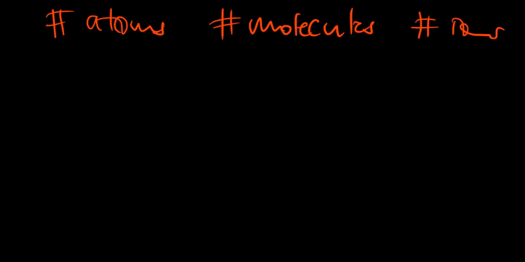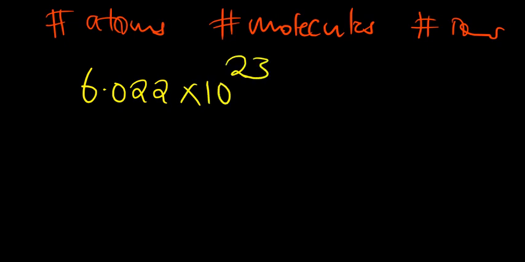Okay, so we'll start by looking at how we determine the number of atoms. How do you go about it? You've all come across what we call Avogadro's constant, right? 6.022 times 10 to the power what? 23.